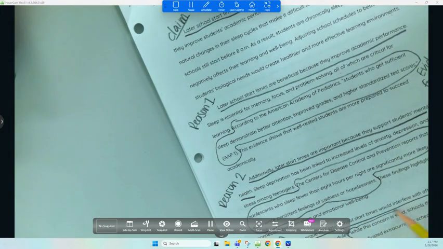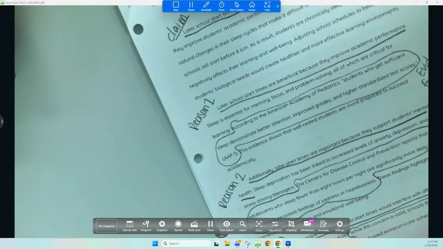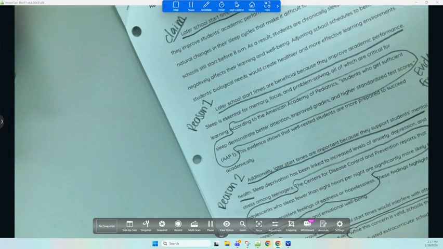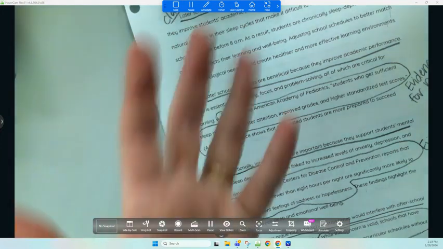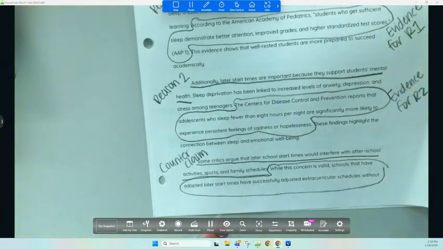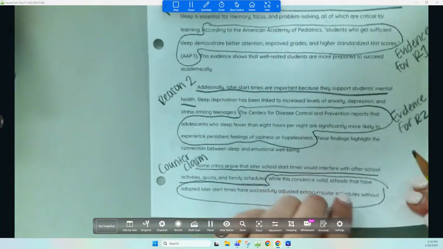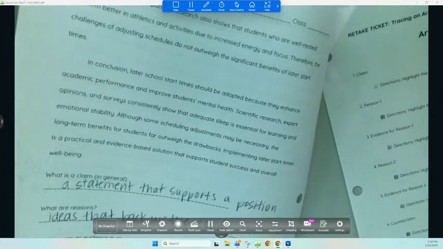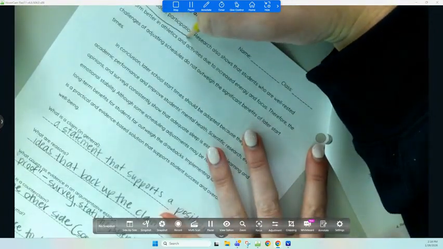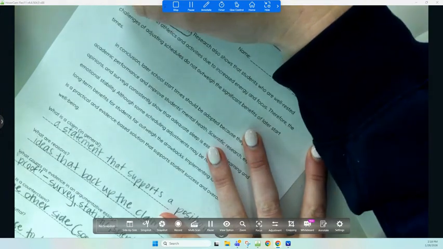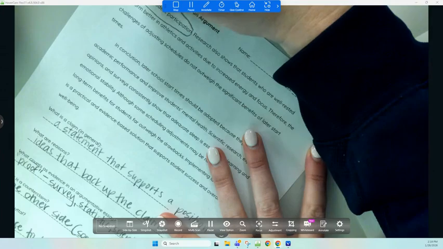I get it's a lot, it's a few sentences, but I would say this is the main sentence. While this concern is valid, it's saying this is a valid concern. However, it's pretty much saying that other schools have figured it out. They've adjusted these extracurricular schedules. Okay, that would be the rebuttal.